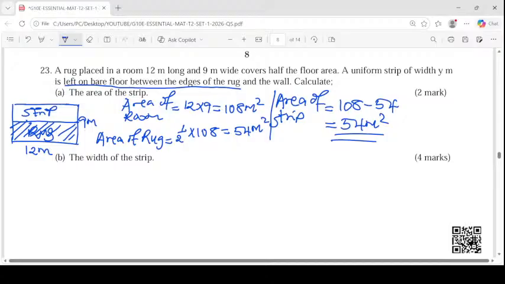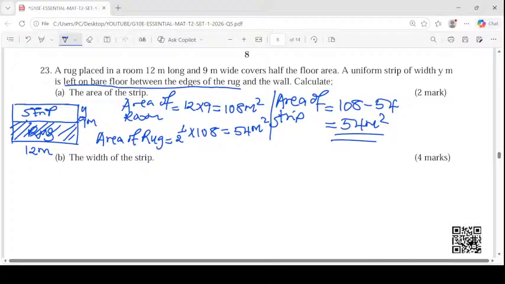You must be very keen here. We must be very keen in this particular case. The width of the strip: a uniform strip of width y meters. So the width of the strip is y.